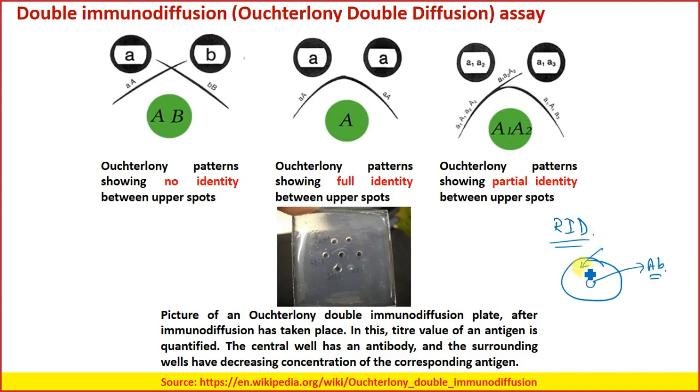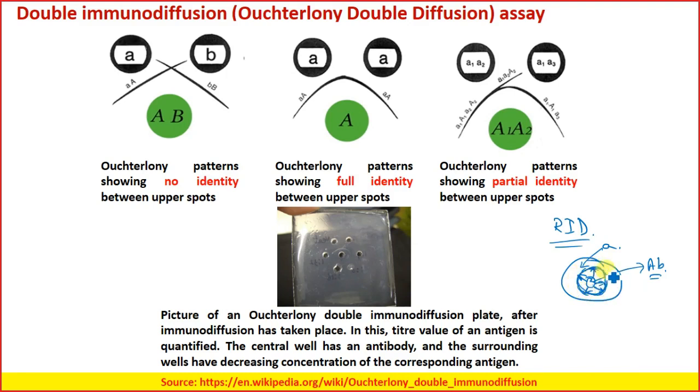Say you are having an antigen A. Now this agar plate consists of the antigen. When you put this antibody within this well, it starts migrating in the radial direction in all directions, and then you will get a circular zone.